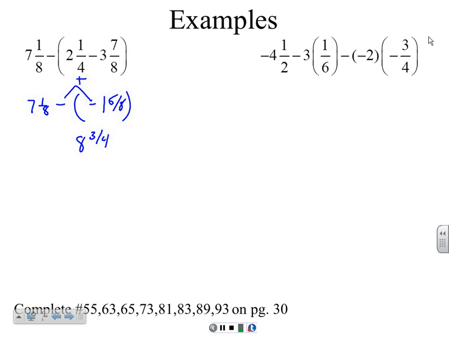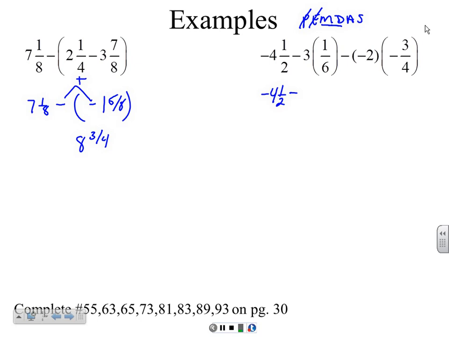So according to order of operations, I don't have parentheses, I don't have exponents, so I don't have to worry about that. But my multiplication and division, I'm going to do first. So this negative 4 1/2 is just going to be left out for a minute.